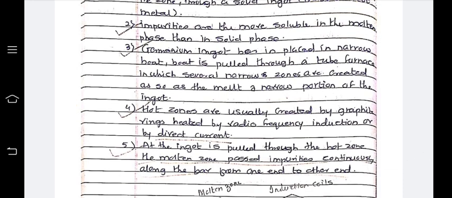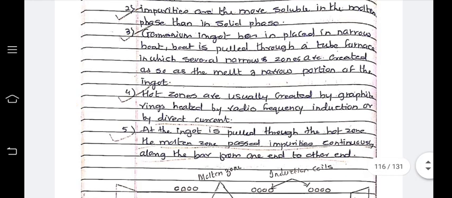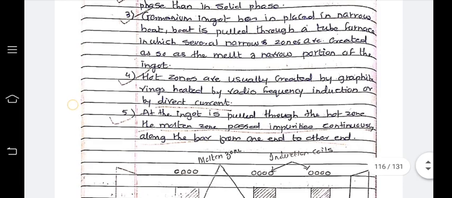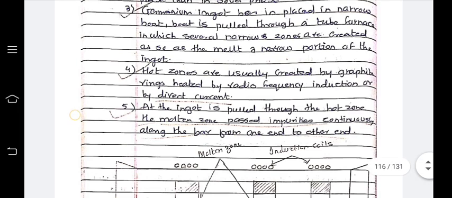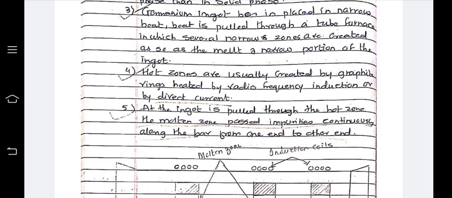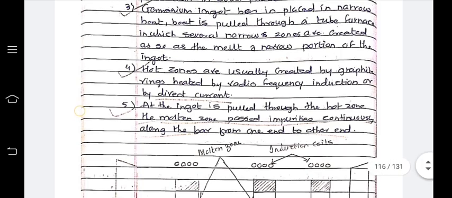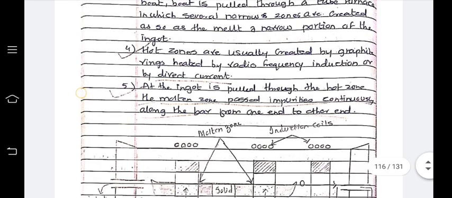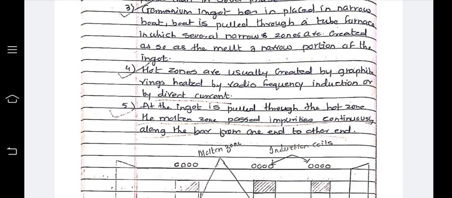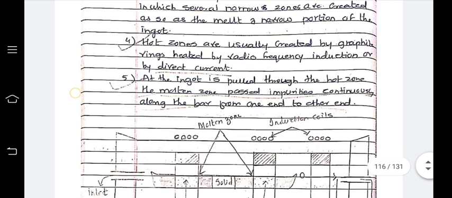Impurities are more soluble in the molten phase than in the solid phase. Germanium in a narrow boat is pulled through a tube furnace in which several narrow molten zones are created along the narrow portion of the ingot.